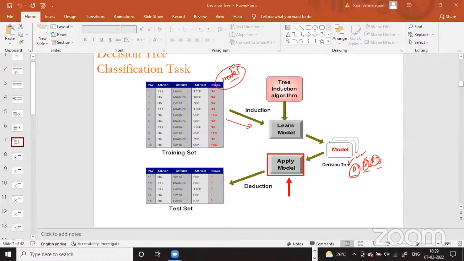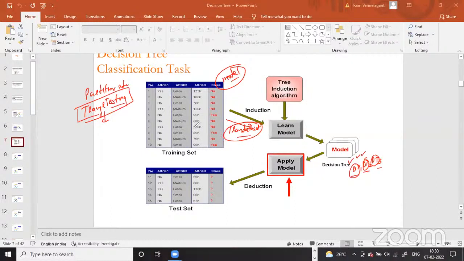So what you are going to do? You are going to partition your data into training and testing. And then you are going to build your model on your training data set.